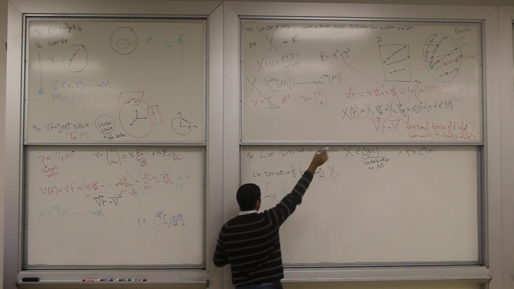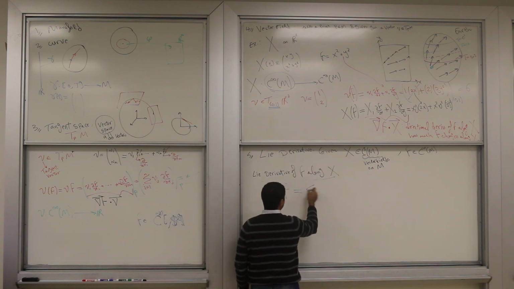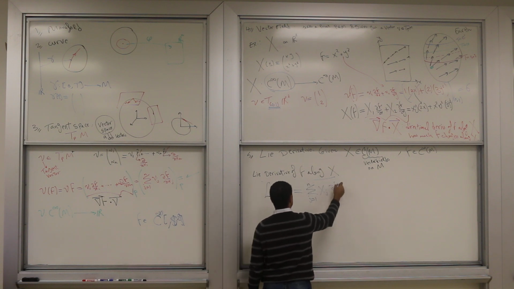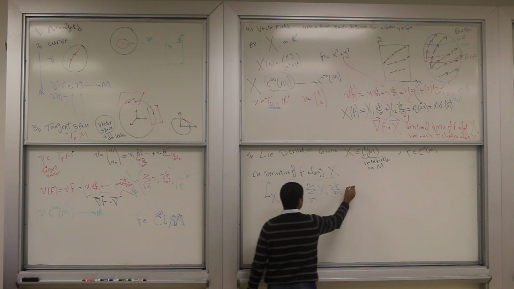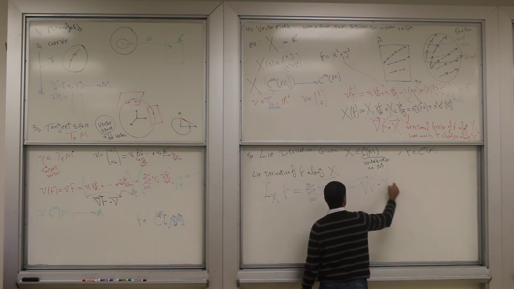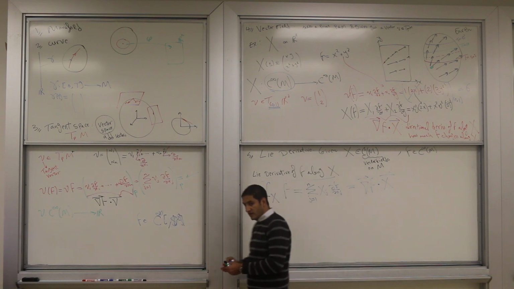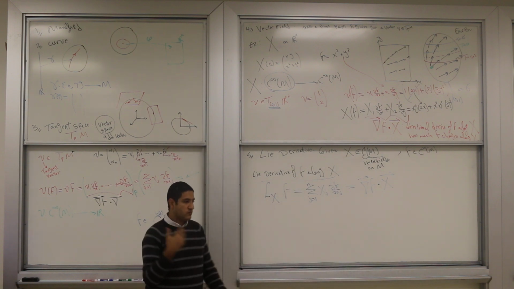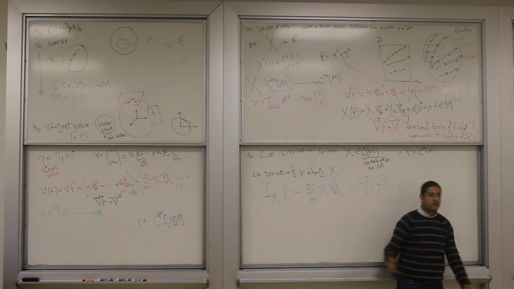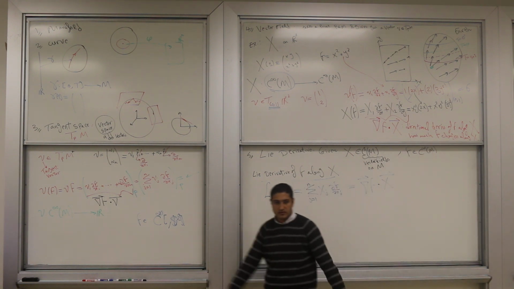This is simply what we had from before, which is the summation of x_j partial f partial little x_j, which in your own language is the gradient dotted with this guy. So this thing which we already know, the directional derivative of some function along a vector, in differential geometry is called the Lie derivative.